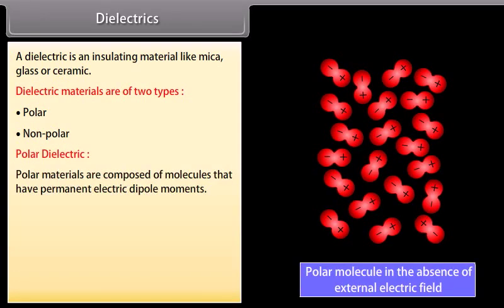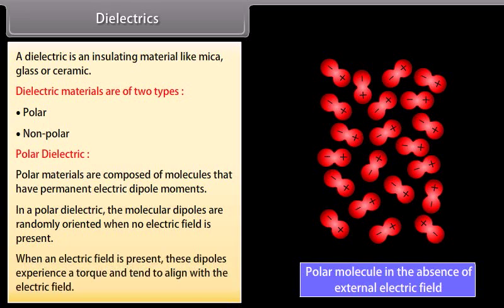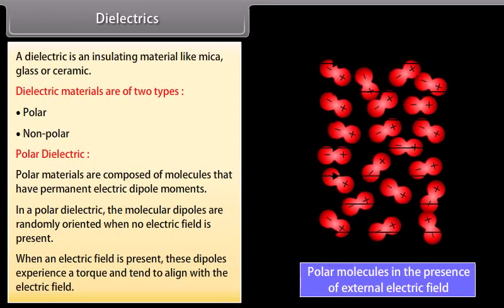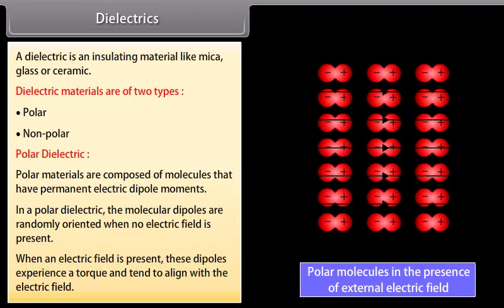Polar materials are composed of molecules that have permanent electric dipole moments. In a polar dielectric, the molecular dipoles are randomly oriented when no electric field is present. When an electric field is present, these dipoles experience a torque and tend to align with the electric field.